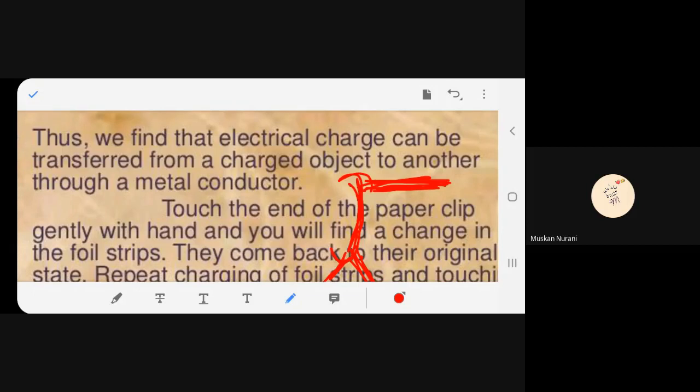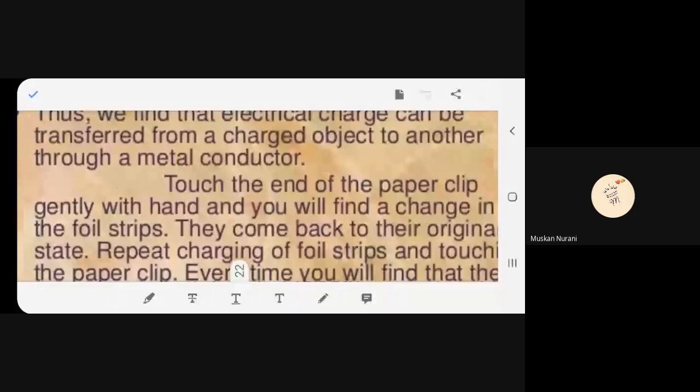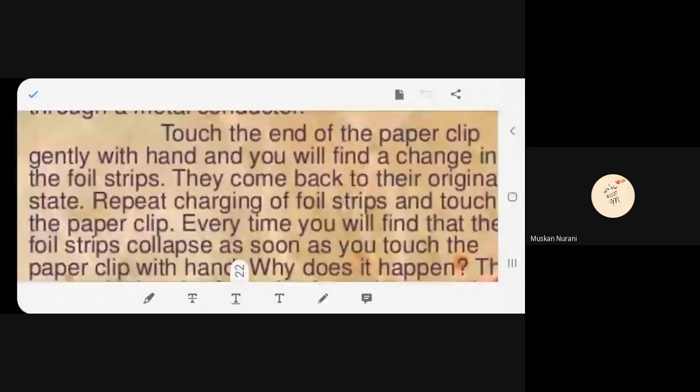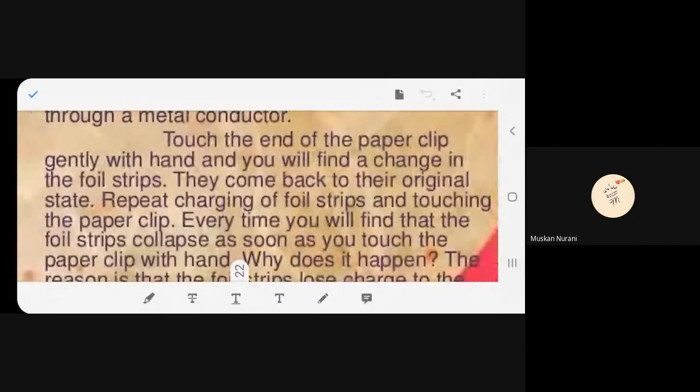Through the conductor. Now, if you touch the end of the paper clip with your hand, you will see that the foil strips will start dancing. They will come close to each other. The original place was this.